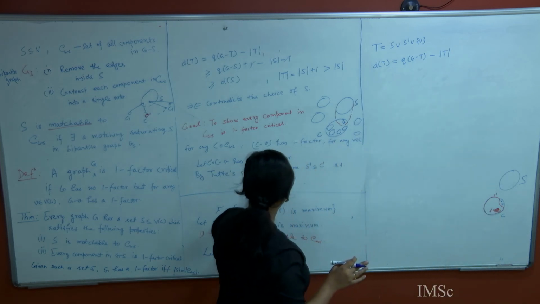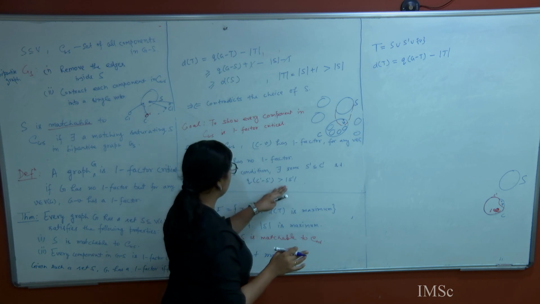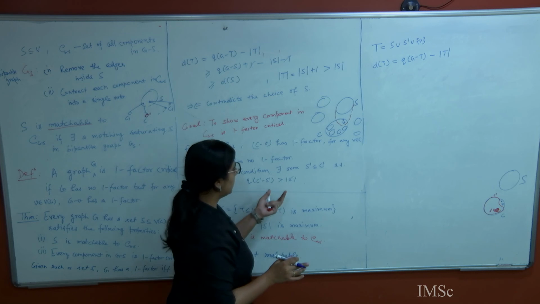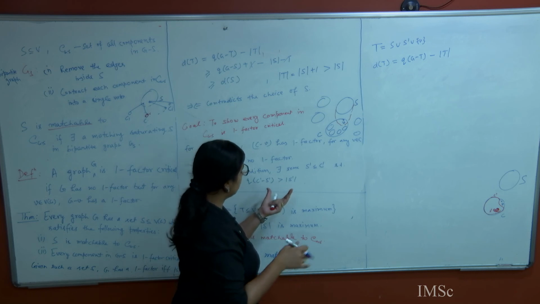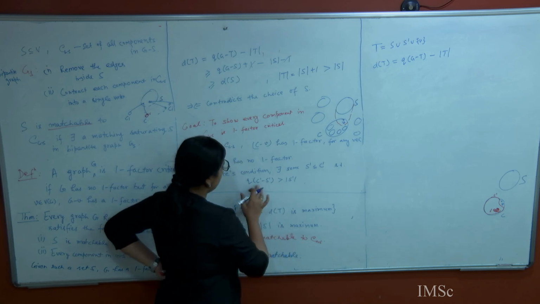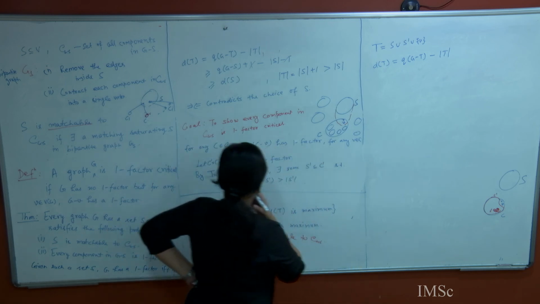So, what we had is that the cardinality of Q of C prime minus S prime is strictly greater than cardinality of S prime. Okay, that is what we have.